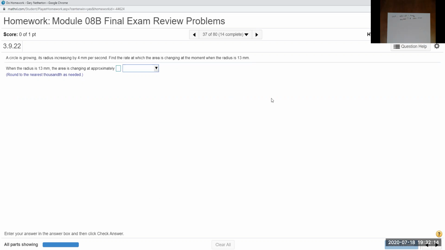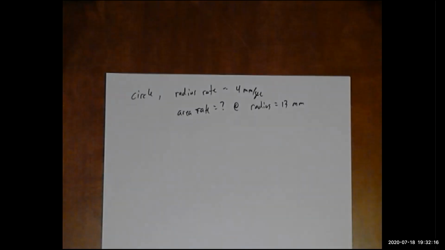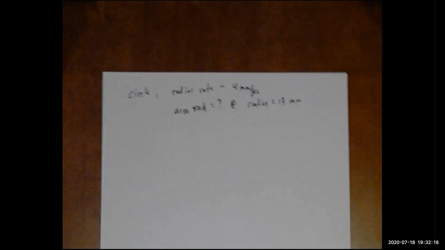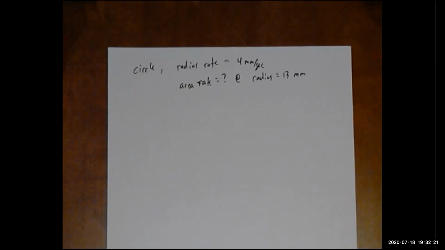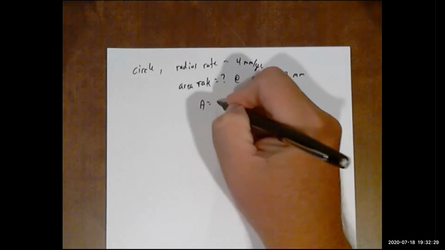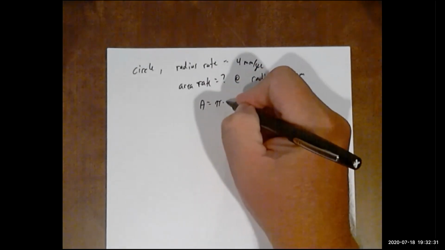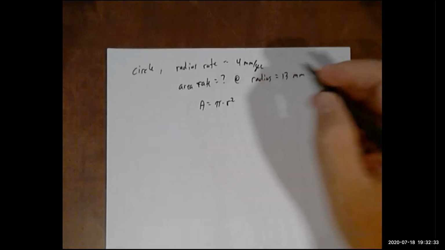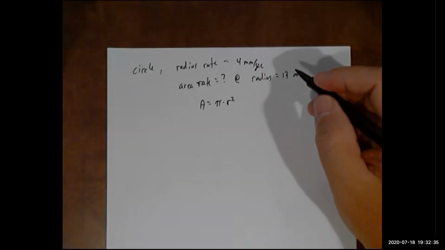All right, now these problems are not hard. Now this one, the key is they don't give it to you. You have to know the equation for the area of a circle. Area of a circle is pi r squared. Remember, pi is just a number, 3.14.